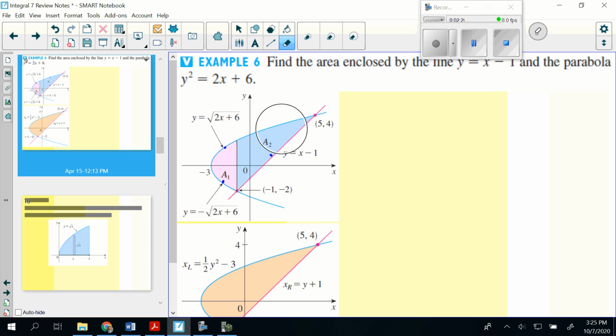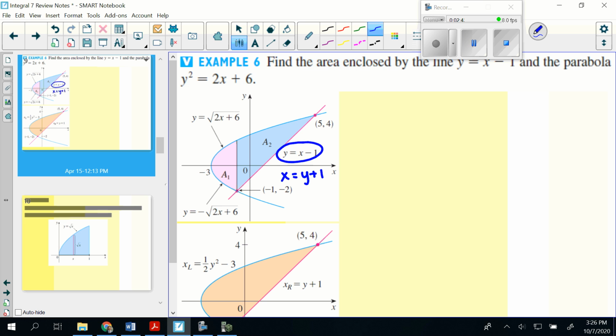So what we're going to do is switch this. Instead of going top minus bottom, we're going to do right minus left. So the one on the right, we have to get that in terms of y now. So we want to solve it as an x equals equation, which if we add the 1 over would be y plus 1.